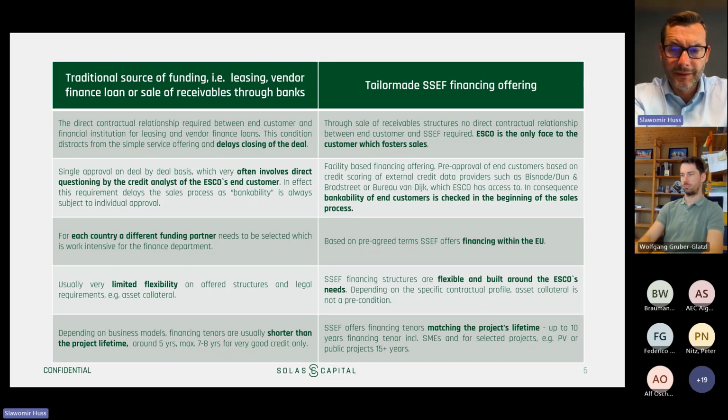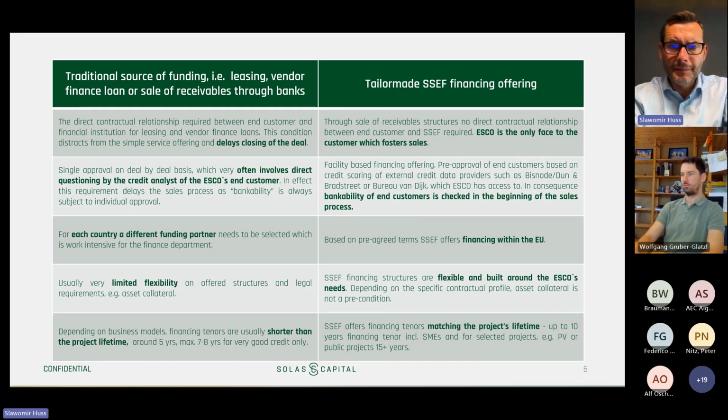So we match the project lifetime with long tenors, versus the financial institutions that have their own tenors, and they obviously impose the tenor based on the credit analysis, not based on the project duration.